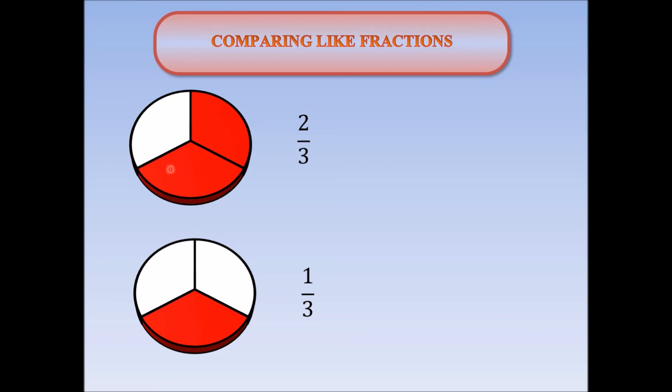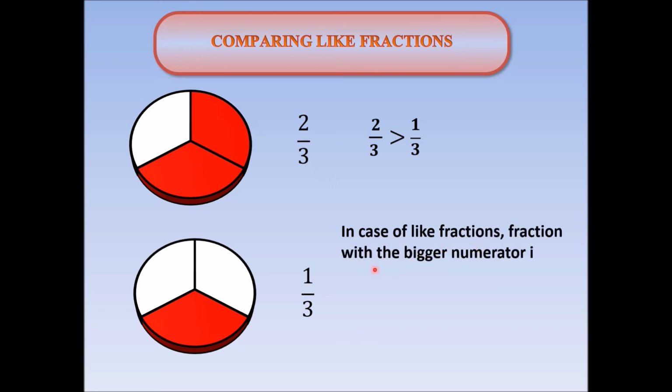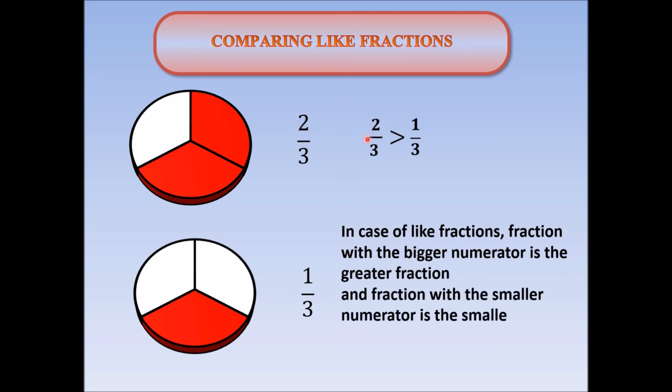With this picture, it's clear that 2 by 3 is bigger than 1 by 3. So in the case of like fractions, the fraction with the bigger numerator is the bigger fraction, and the fraction with the smaller numerator is the smaller fraction.